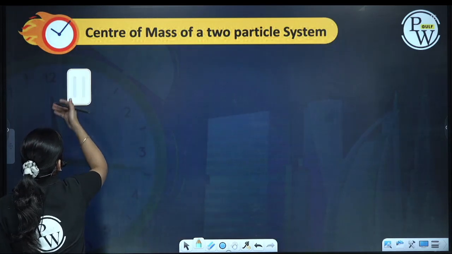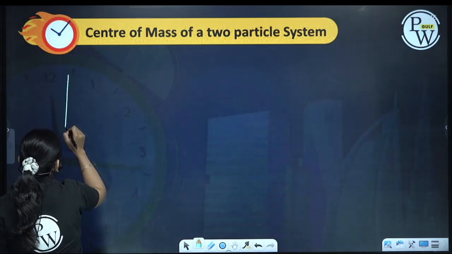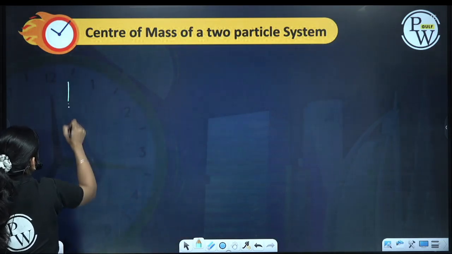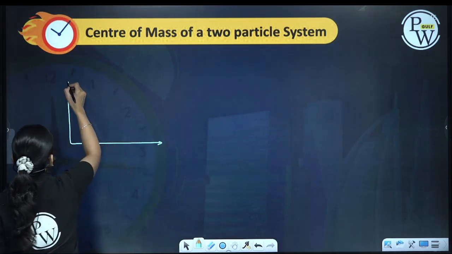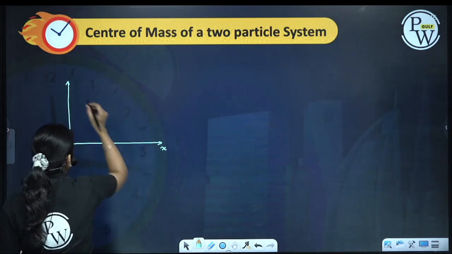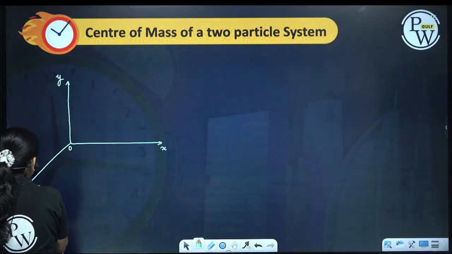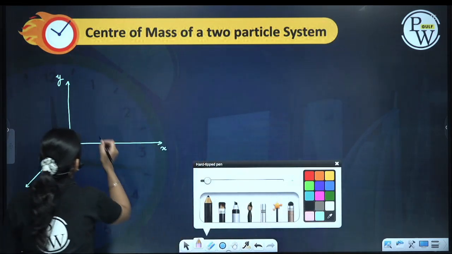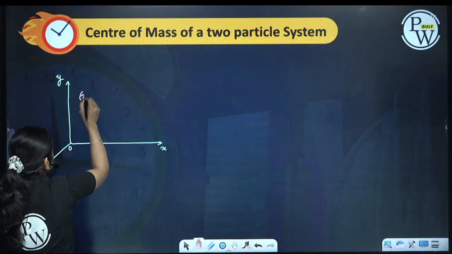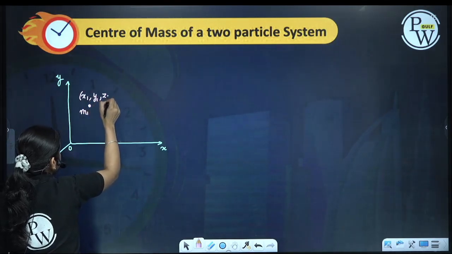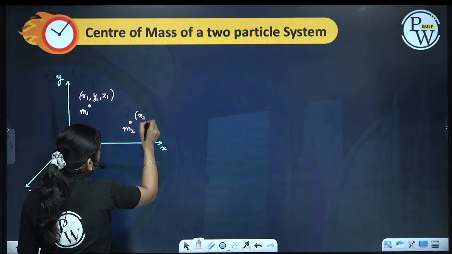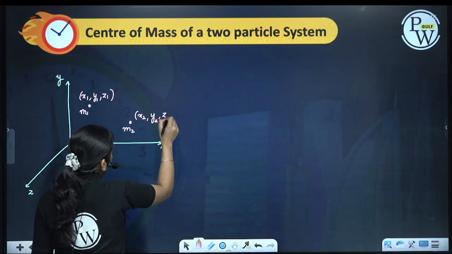If we have two particles in the x, y, z coordinate system, whose position coordinates are: m1 is at x1, y1, z1 and m2 has the coordinates x2, y2 and z2.